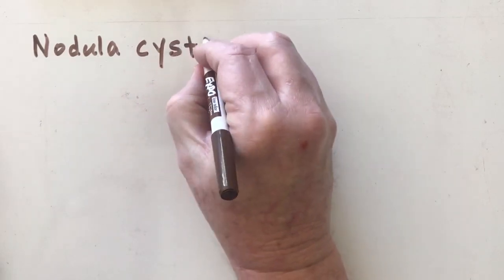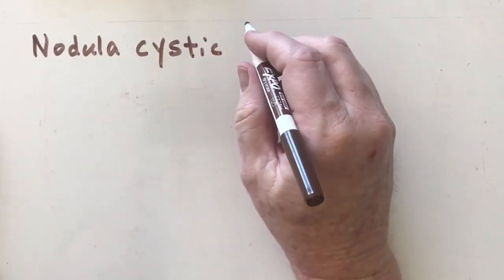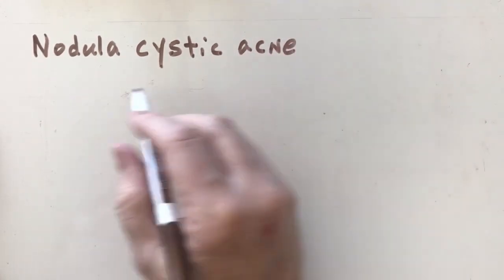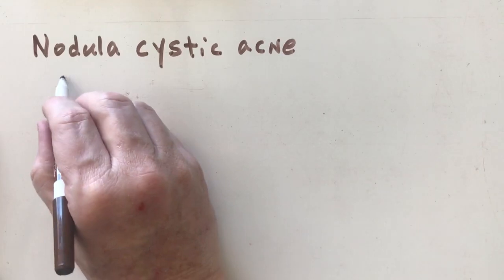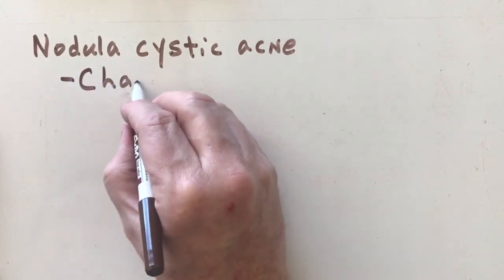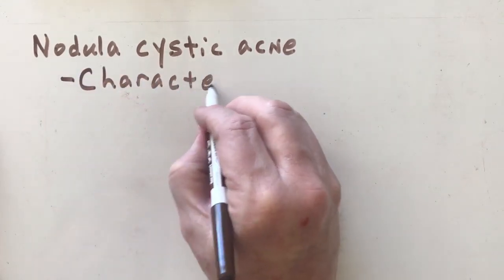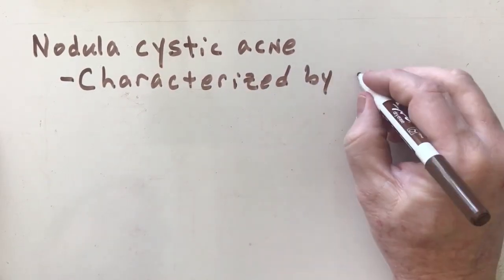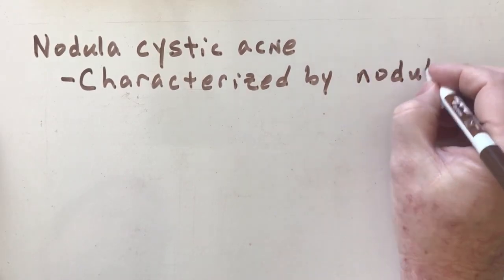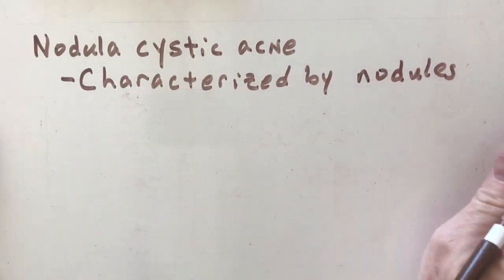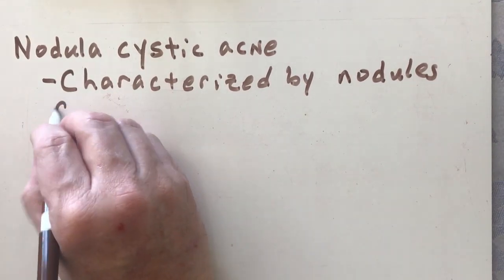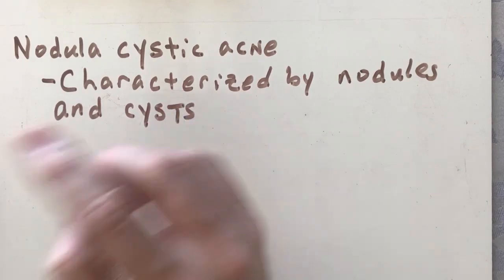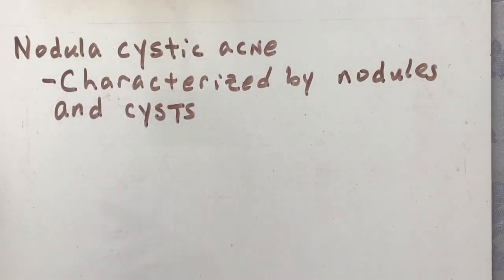And like the name implies, you get nodules and you get cysts with this. Okay, so it's nodular cystic acne, and this one is severe, okay? So it's characterized by nodules and cysts.